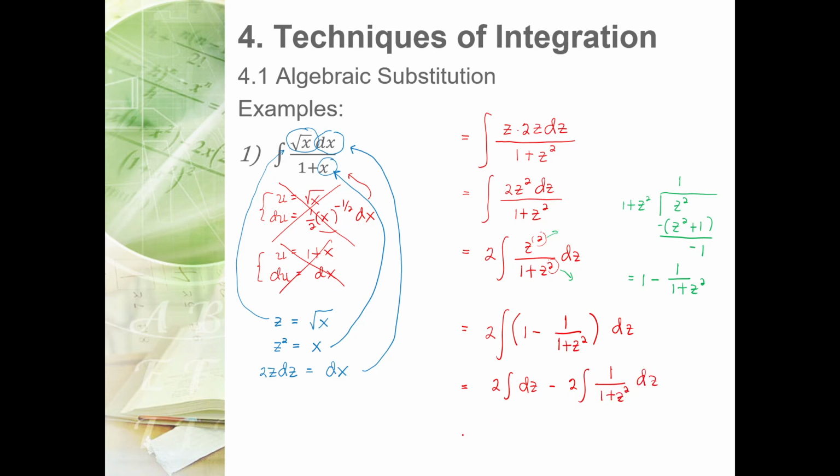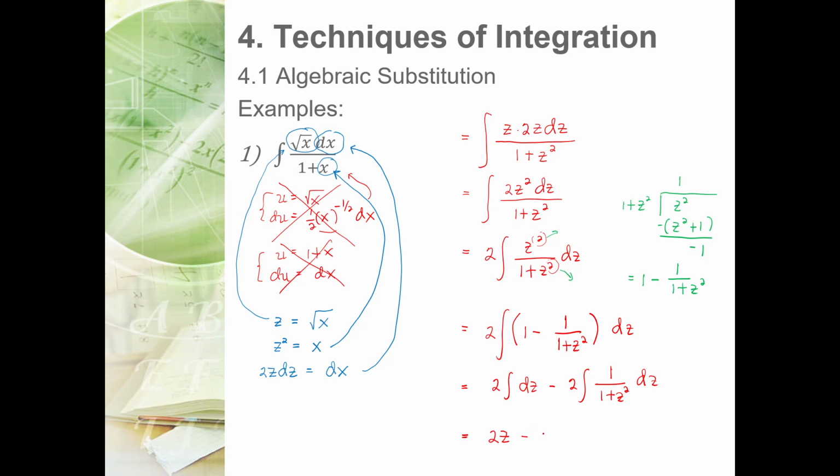So in the first integral, I think this one is just an easy, basic integral. In the second one, you have integral of 1 all over 1 plus z squared. If you remember this format, it is more likely the inverse trig function, a squared plus u squared.